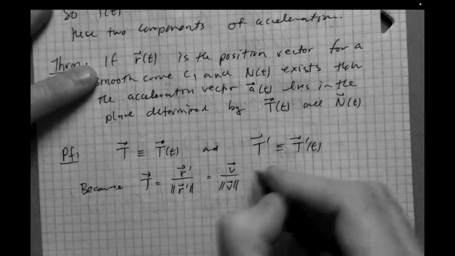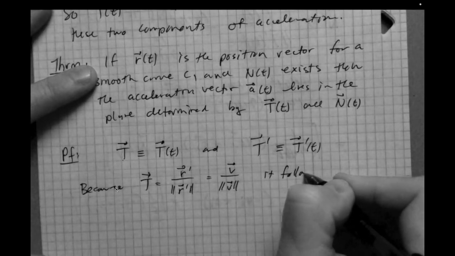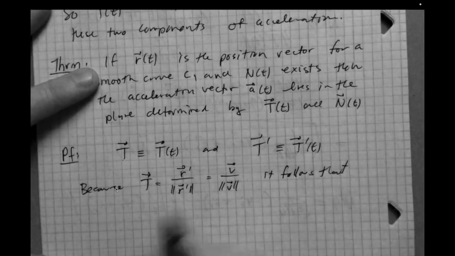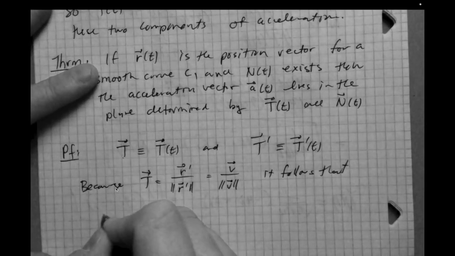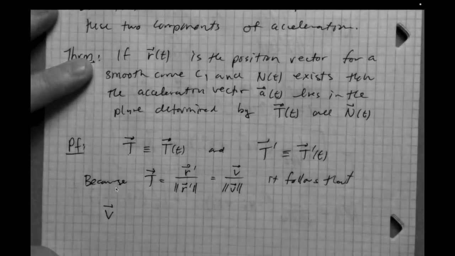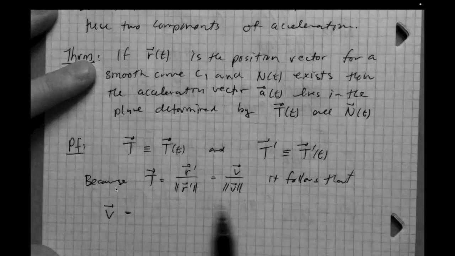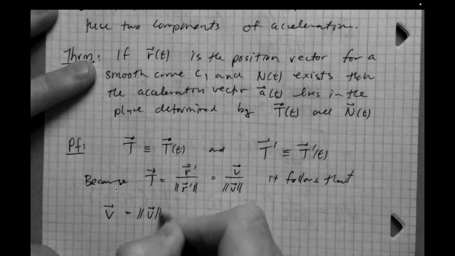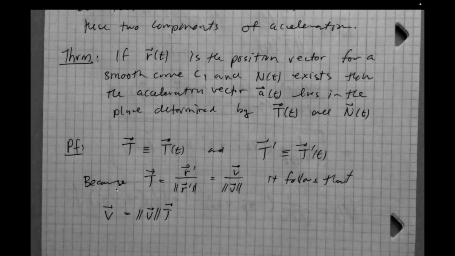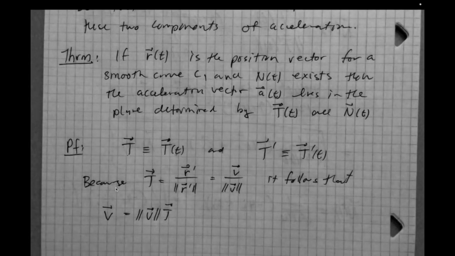Because of this, it follows, just doing a little bit of algebra here, that velocity is equal to the norm of velocity times T. Okay, so that's kind of our starting point. Now we're just going to differentiate both sides with respect to t.